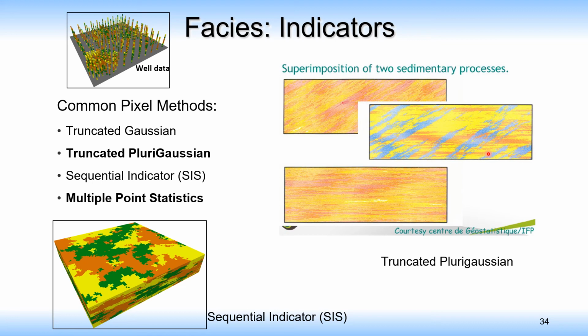This sets up different transition statistics that we can work with. We can actually honor the higher order set of statistics in the facies in our modeling, whereas something like SIS, it doesn't really do a good job of honoring our sedimentary stacking patterns.